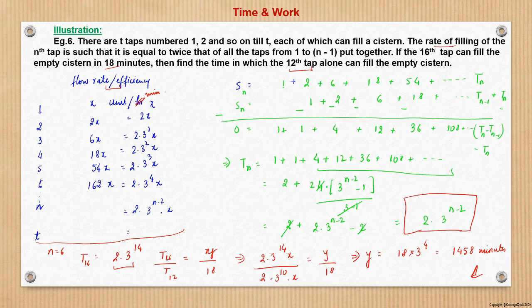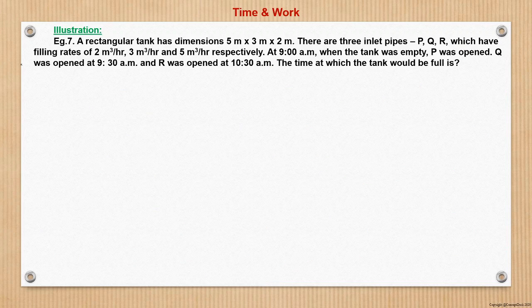So that we made use of T16 by T12 will be nothing but y by 18, right? So T16 we can write as 2 into 3 raised to power 14x. T12 we can write as 2 into 3 raised to power 10x. So everything cancels out. Y is equal to nothing but 18 into 3 raised to power 4, which is 1458 minutes. So the 12th tap can fill the empty cistern in 1458 minutes. So that is the answer to this question.